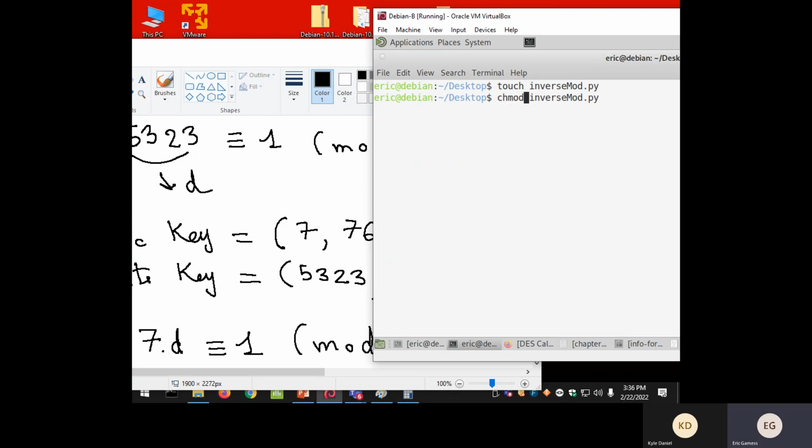I'm going to make the file executable, so the user has the execution rights. I'm going to edit the file with vi, it is called inverse mode.py. Okay, so the hash bang to say I'm using Python 3.